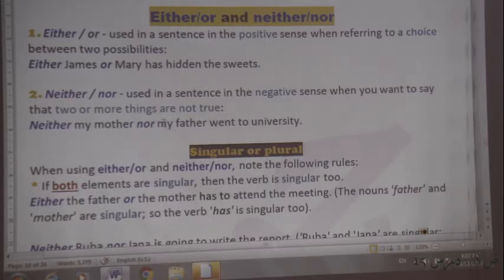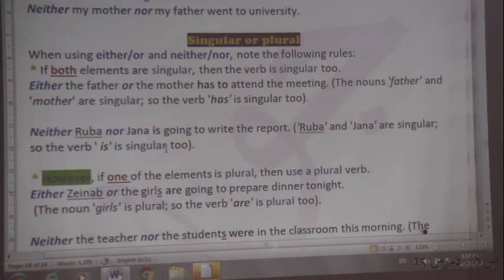Now what about the subject-verb agreement? This is the most important for you in the final exam when you need to correct this grammatical error. Pay attention with me, dear students. Singular or plural? What about the subject, or the doer of the action, the noun after either or neither? When using either or and neither nor, note the following rules.